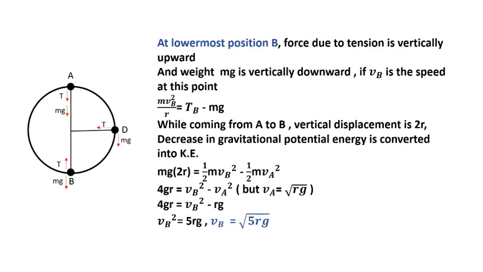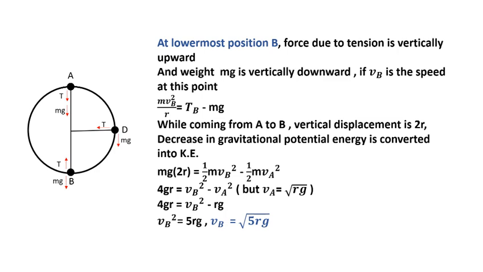At the lowermost position B, the force due to tension is vertically upward, and weight mg acts vertically downward. If VB is the speed at this point, then mVB square upon r is equal to TB minus mg. Now while coming from the uppermost position A to B, the vertical displacement is 2 times the radius.